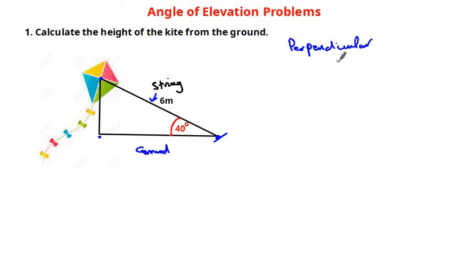So this forms a 90 degrees right here, and the distance from the point where the kite is directly over the ground to where the string is tied to the ground is this length. And if you notice, you will see a right angle triangle coming out of this problem.